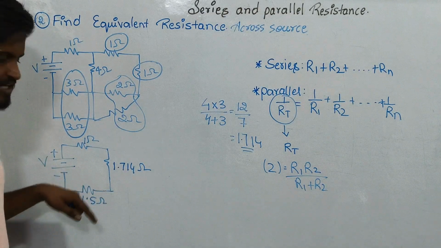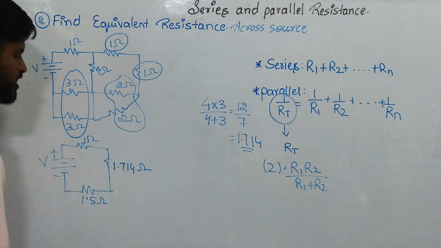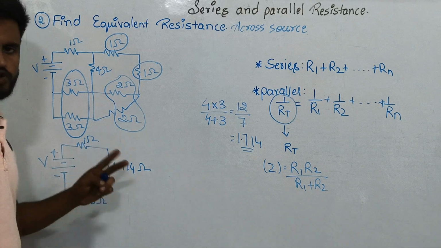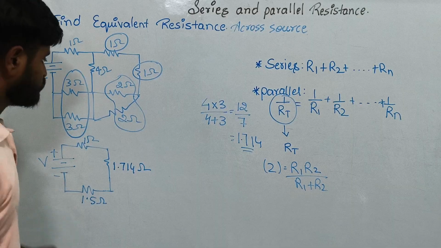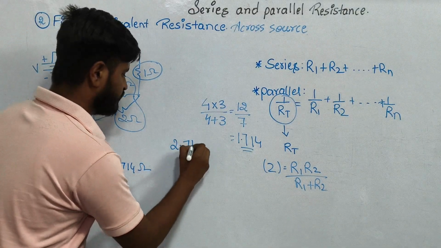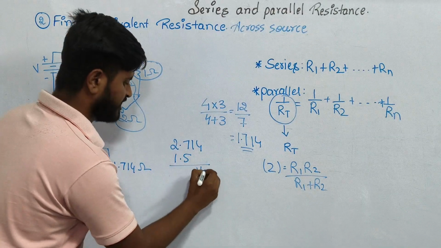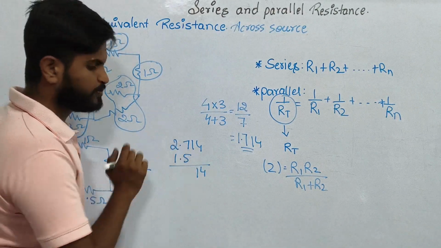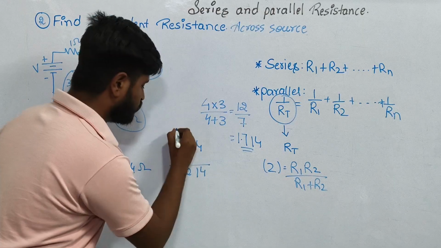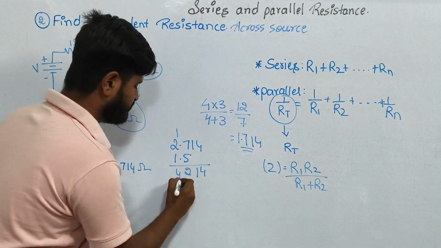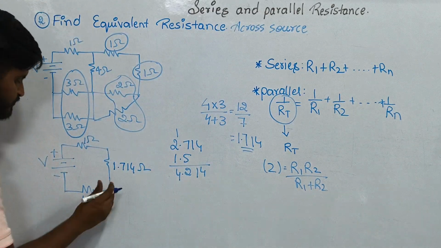So you can add directly. 1 ohm plus 1.714 ohm means 2.714 plus 1.5 will be 4.214.